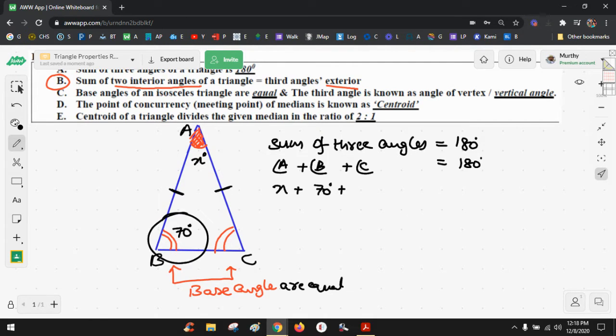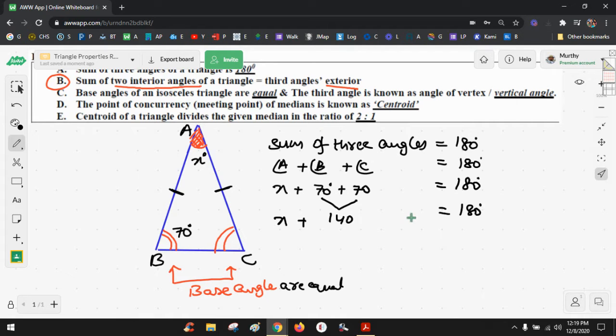So whatever the value of angle B is, the value of angle C is also the same. I know that angle C equals 70 degrees because angle B equals angle C. So 70 plus 70 plus X equals 180 degrees. You can sum up 70 and 70, that gives me 140 degrees. So X plus 140 is 180 degrees.